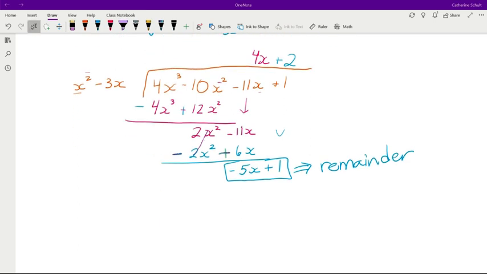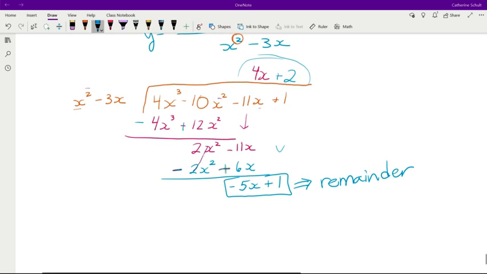Okay, so here's what we've discovered. If we take 4x plus 2 and we multiply it by x squared minus 3x, and we add the remainder, it gets us back to the original function, okay? And if you have a hard time seeing it, you can always look at a simple example, like 12 divided by 5. Here's our remainder.